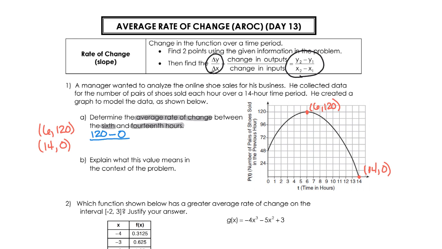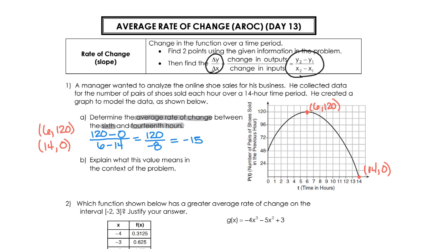Because I chose to do 120 minus 0, I have to pick the x value that goes with 120, and so I have to choose the same order and do 6 minus 14. Go ahead and subtract, clean up the top to be 120. Go ahead and subtract on the bottom to clean that up to be a negative 8. And when we divide it, we end up with negative 15.